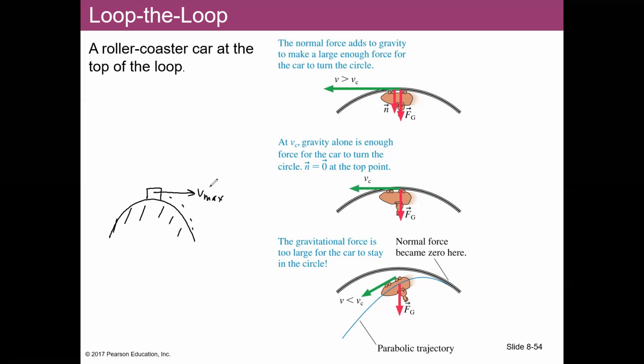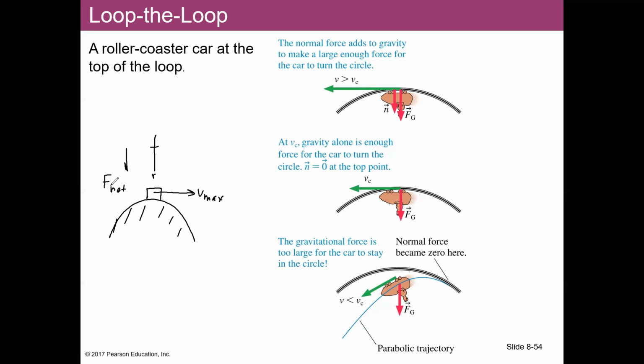Okay, I'm drawing on the PowerPoint slides. And so in this instance, what does the free body diagram look like? I'll draw it above it. R still points down, and we still have F net pointing down because we're at the top of the circle, but we're still moving downward in the circle.